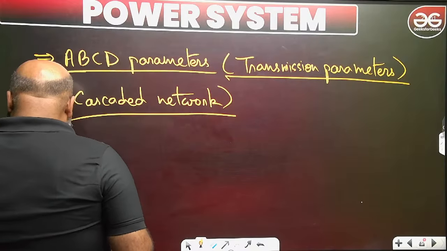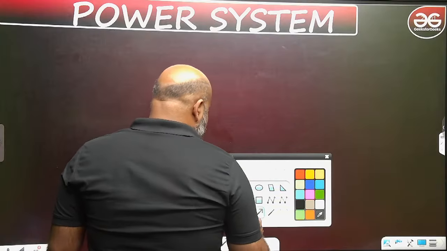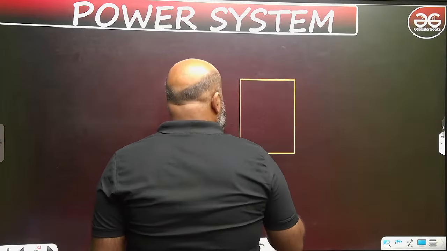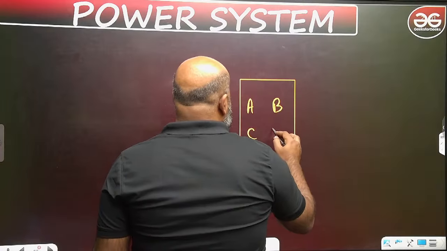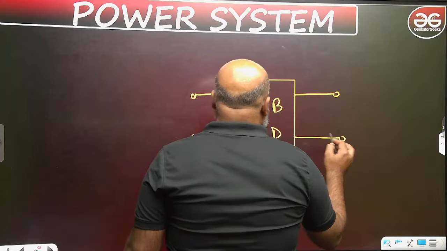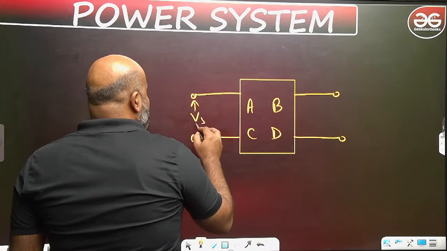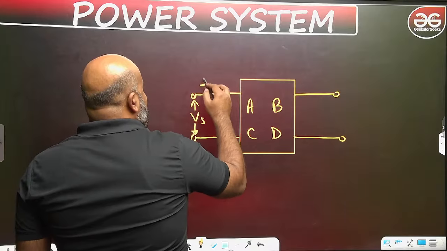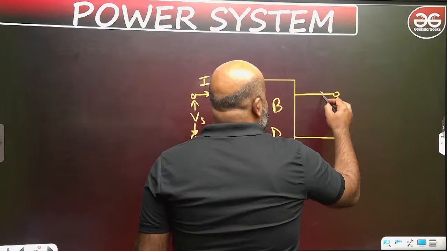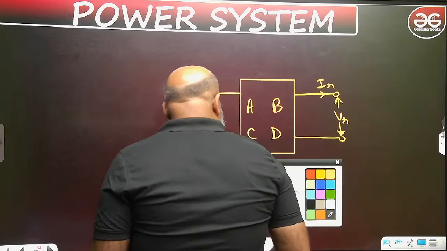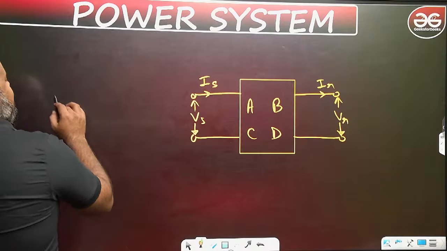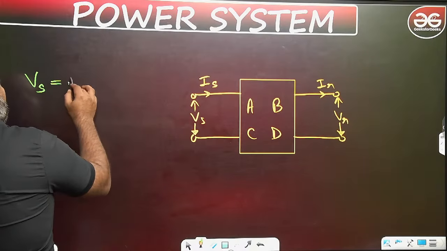So suppose you have a two-port network like this and you are writing the ABCD parameters. These are the sending end voltage and current, and these are the receiving end voltage and current. How do I write the sending end voltage?